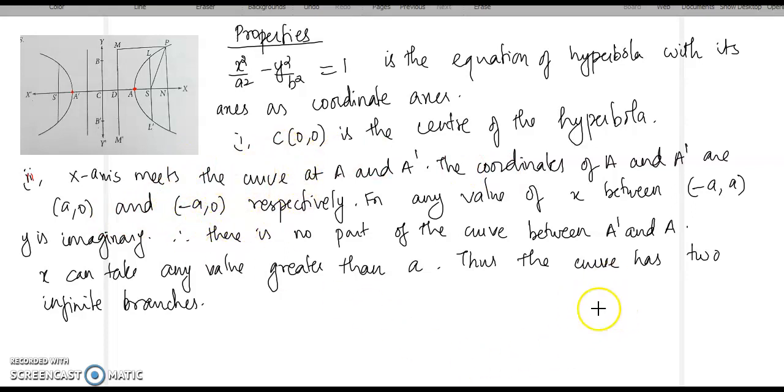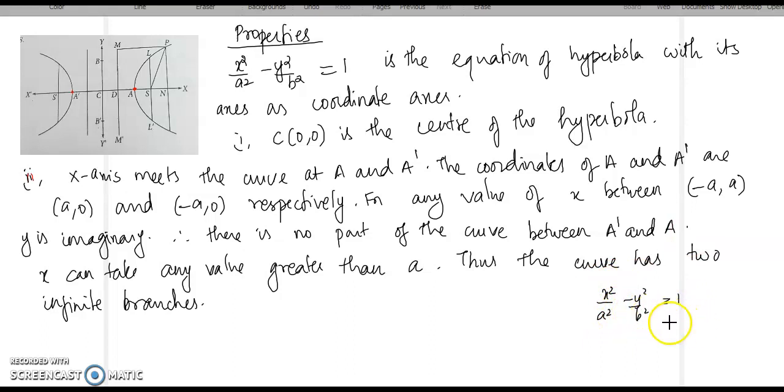Now we have the equation x²/a² − y²/b² equal to 1. Now if x takes any value between −a and a, then x²/a² will be some number which is less than 1.